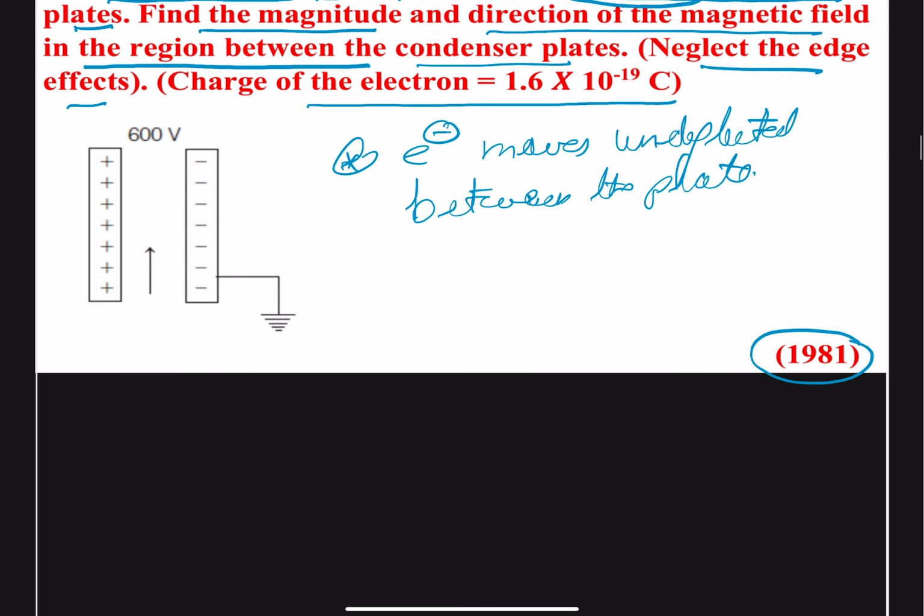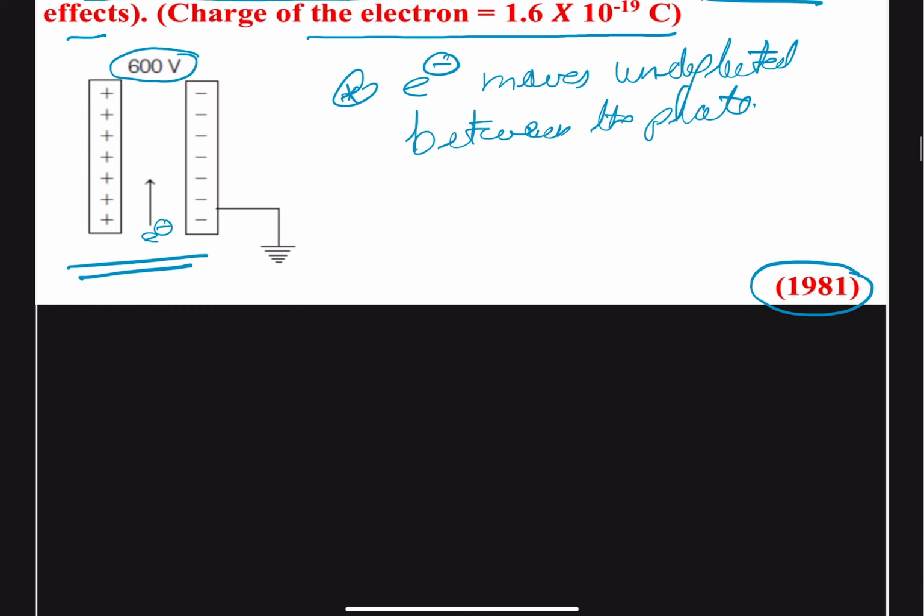So we are given this figure, and we have an electron which is moving parallel to the plates, with positive and negative plates having a potential difference of 600 volt between them. Obviously, if it is moving undeflected, we can draw one important conclusion: the magnitudes of the electric force and magnetic force must be equal but opposite in direction.